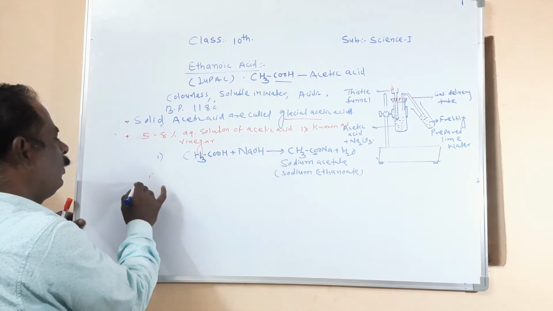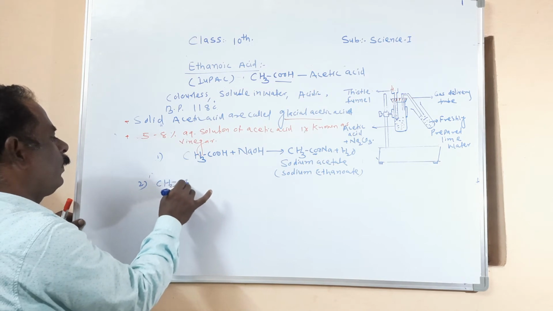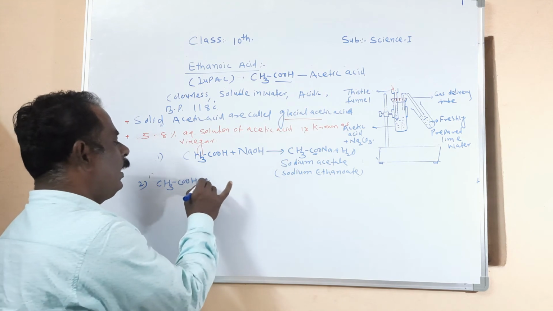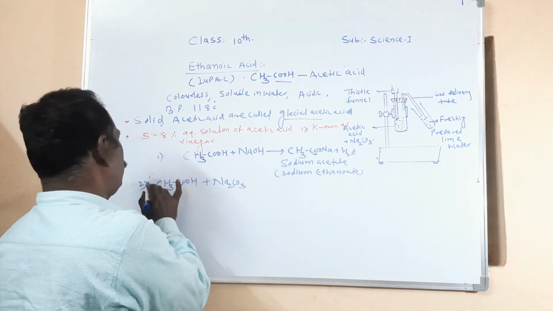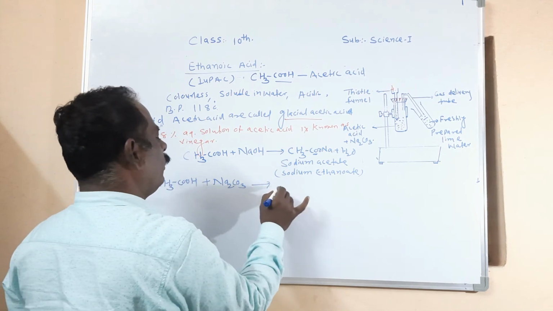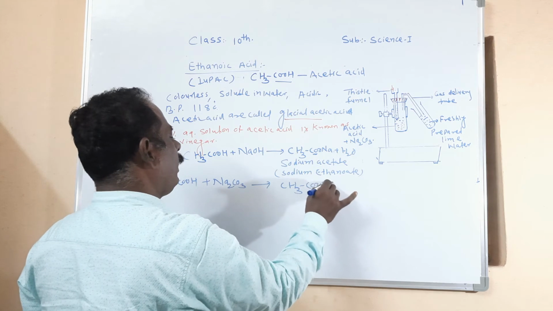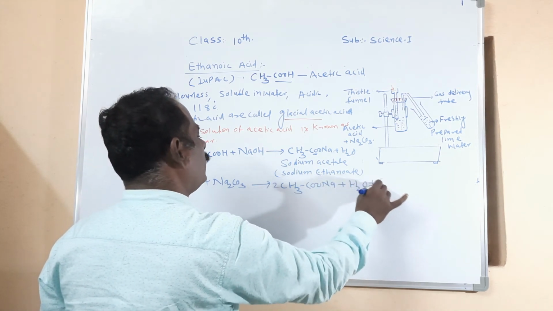Second reaction, when acetic acid reacts with washing soda, the formula of washing soda is Na2CO3, to form 2 CH3COONa, H2O plus CO2.